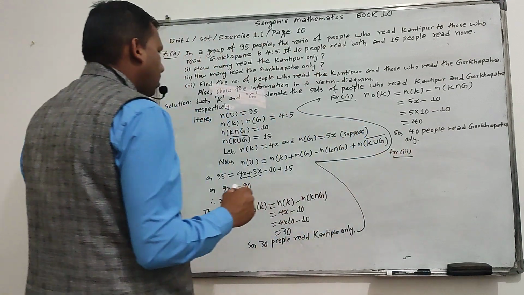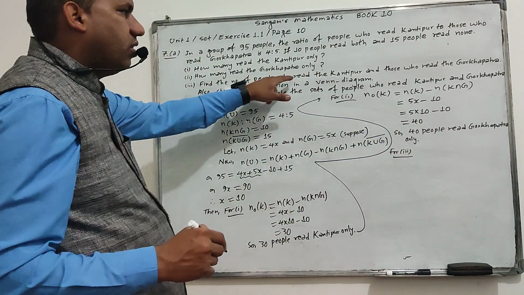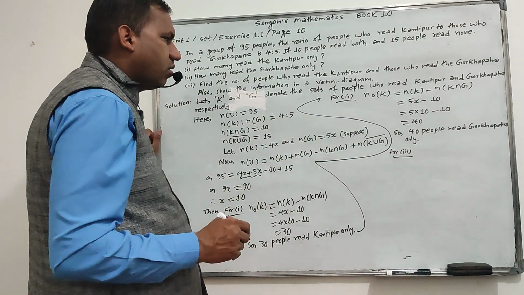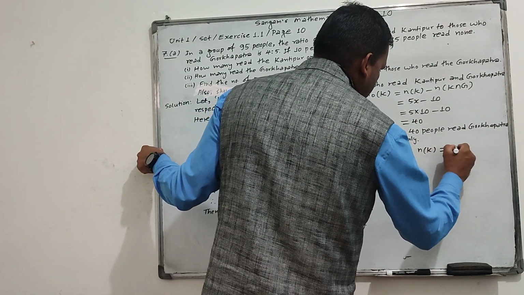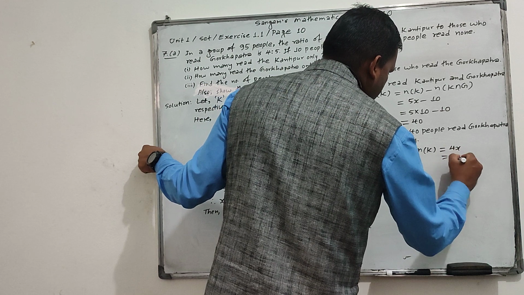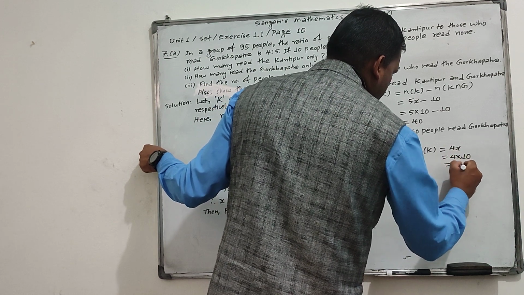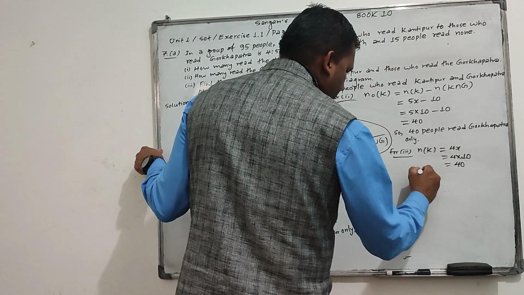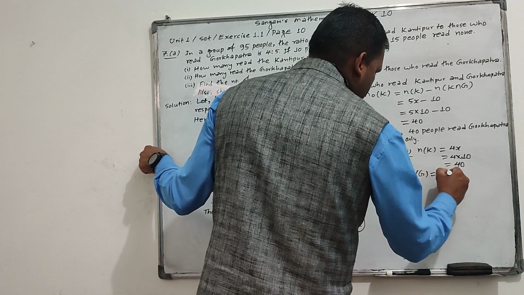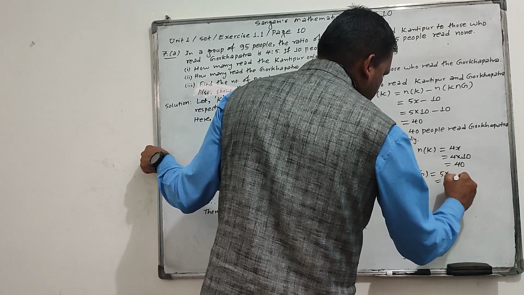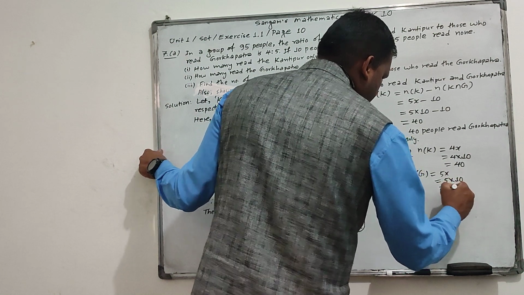Now for 3, find the number of people who read Kantipur and those who read Gorkhapatra. Number of Kantipur equal to 4x equal to 4 into 10, 40. Number of Gorkhapatra equal to 5x equal to 5 into 10 equal to 50.